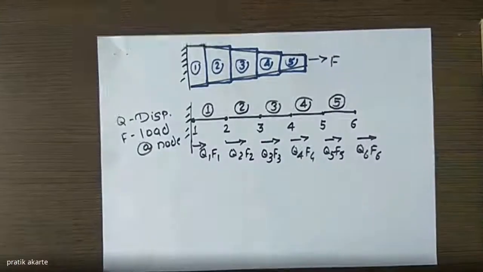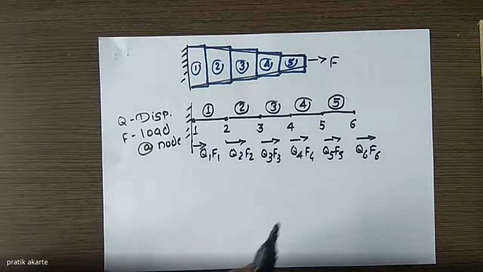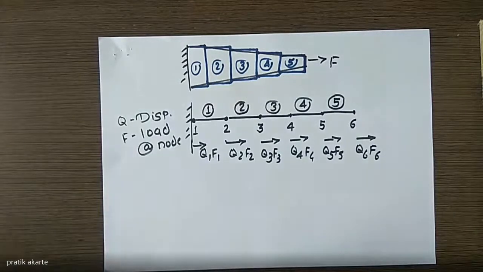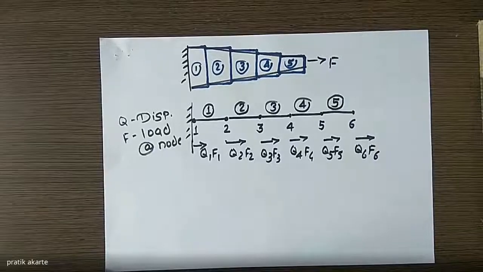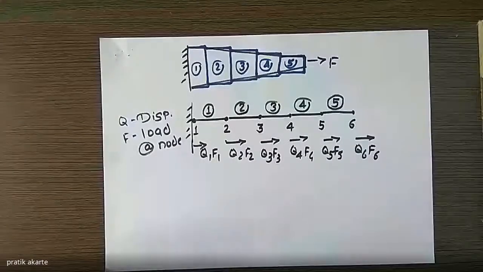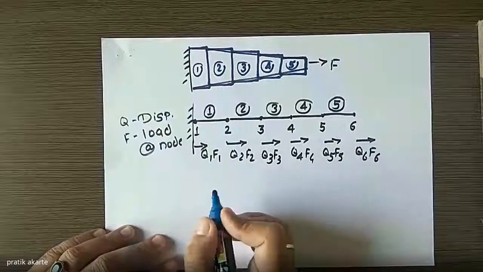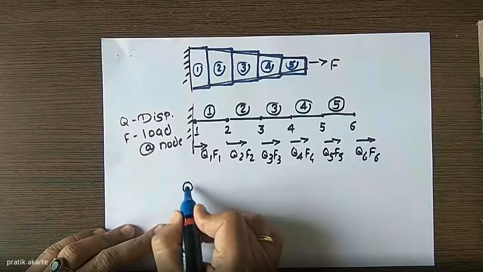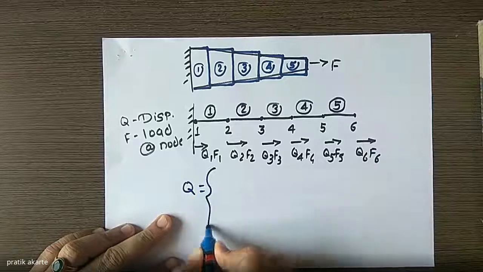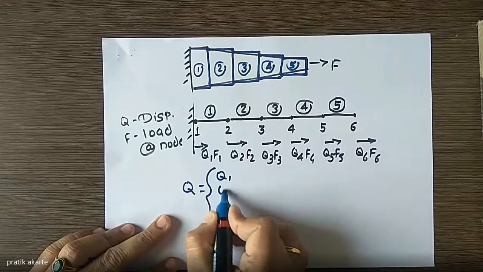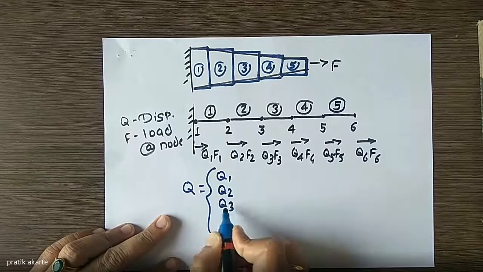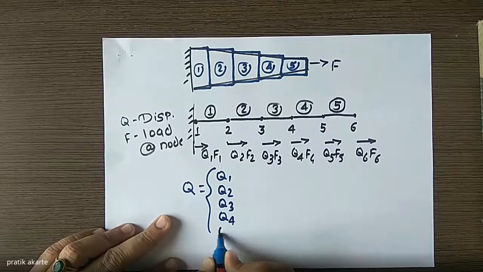Okay. So now our task is to find these loads and displacements in terms of matrices. So Q, the displacement along each degree of freedom, can be represented in matrix form as Q1, Q2, Q3, Q4, and Q5.